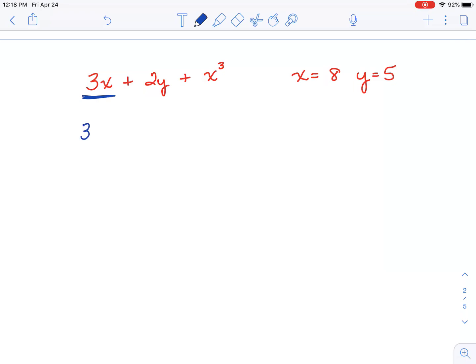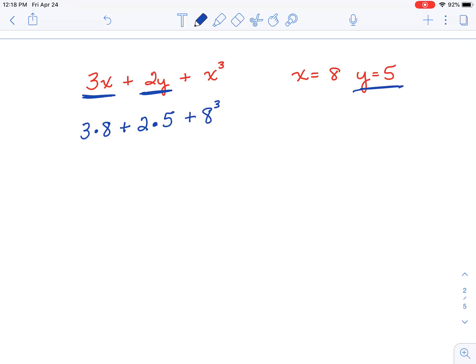That's going to mean 3 times 8 plus 2 times, because again, side by side, and I'm going to replace that Y with a 5 plus, I'm going to replace that X with an 8, and I'm going to put that exponent 3 back with it.